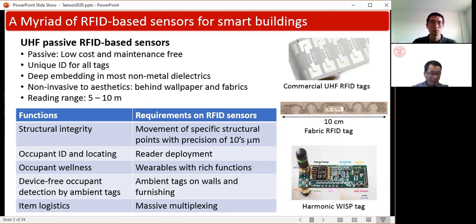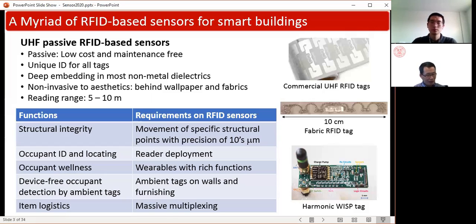So the applications include, as I mentioned, structural integrity, but what you need is to be able to monitor the motion to tenths of a micron of precision. We can use it for occupant ID and locating, and this is related: you need to have a sufficient number of readers in your building. You can monitor occupant wellness, which will be wearables and a lot of wellness monitoring functions.